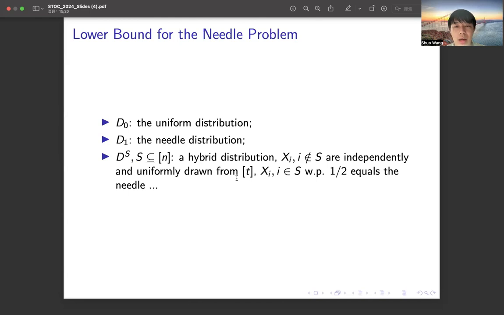And for those coordinates i that lie in S, we first sample a needle x, and then each x_i with probability 1/2 equals the needle, and otherwise is uniformly sampled from T. And intuitively, D_S is a hybrid of the uniform distribution and the needle distribution with needle probability boosted to 1/2. In the coordinates that lie in S, it performs like a needle distribution, and for those coordinates not in S, it performs like a uniform distribution.